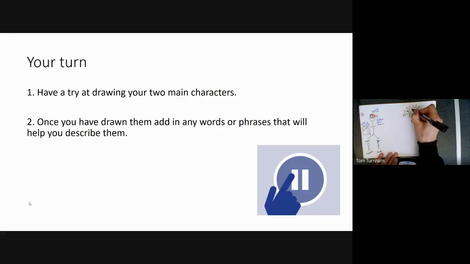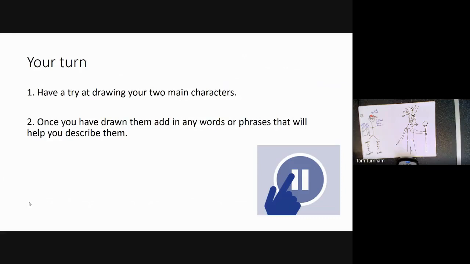Maybe some white sort of lightning bolts in it. I think my character is going to wear a big cape. They're going to have a staff, a magical staff.